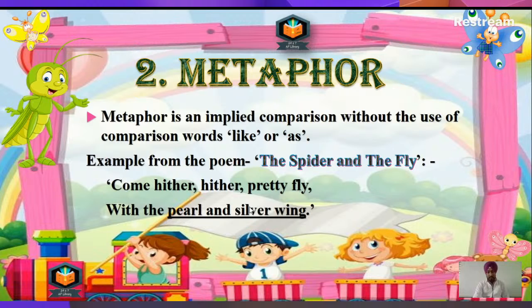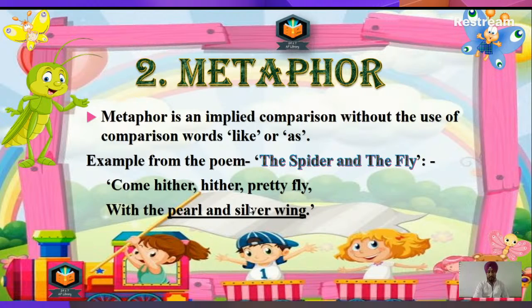Metaphor is a comparison between two things, but the difference between simile and metaphor is that in simile we use comparison words like or as, and in metaphor we don't use these comparison words.